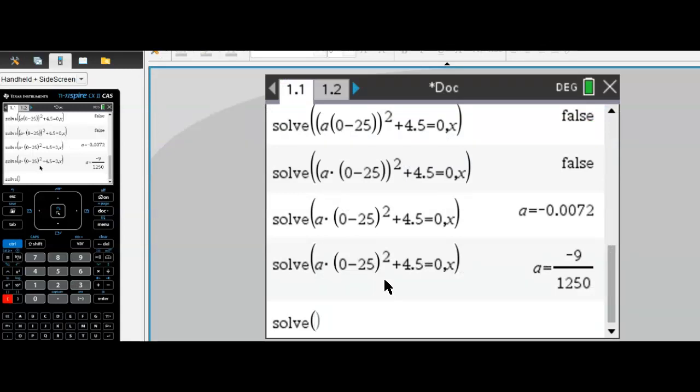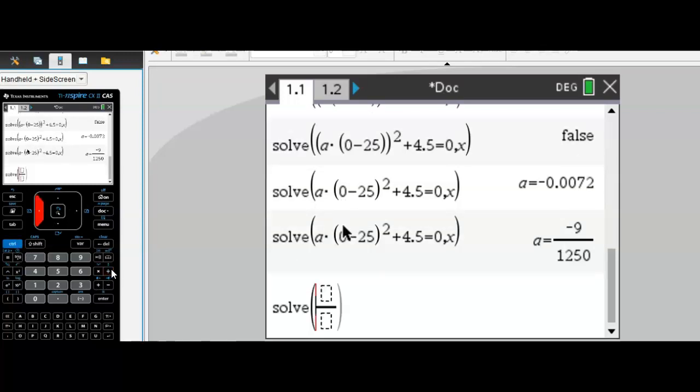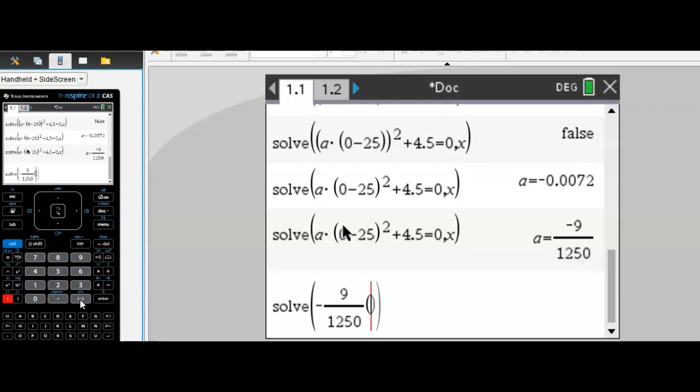Now, I know that A is -9 on 1,250, so I can type that in. x minus 25 squared plus 4.5 equals, now we want it at 3 meters, comma x.